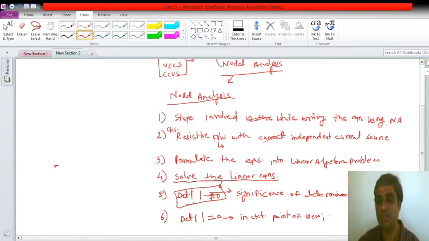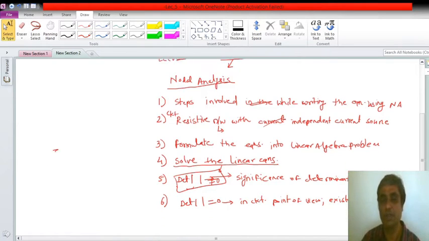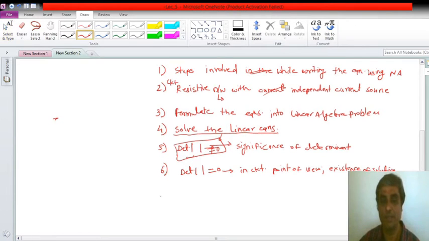We will also say this is the existence of solution. Also we will see what will happen if the circuit is a resistive network with dependent sources, what its effect is.